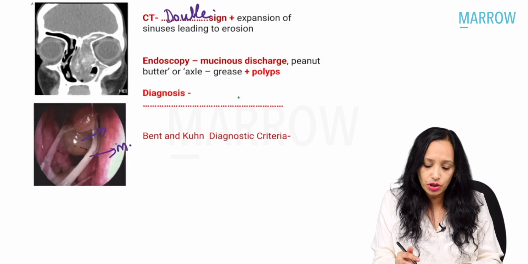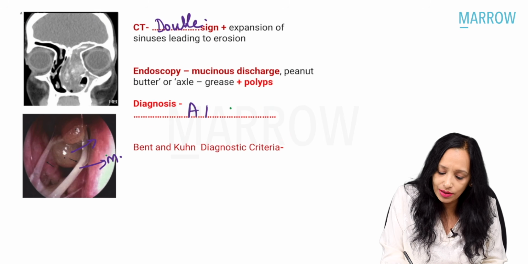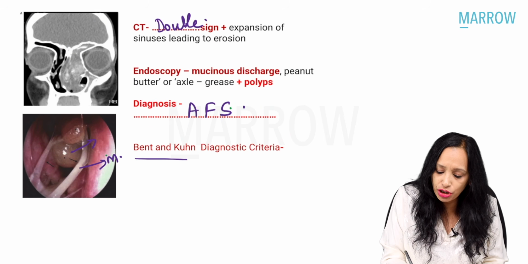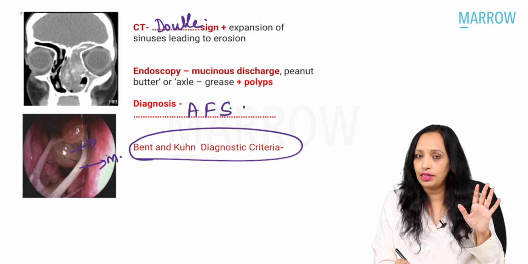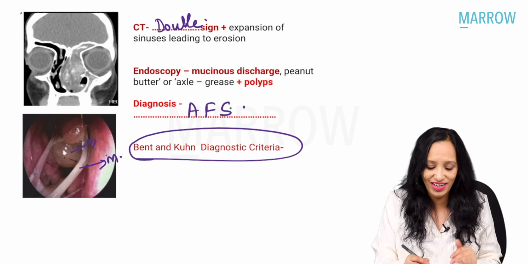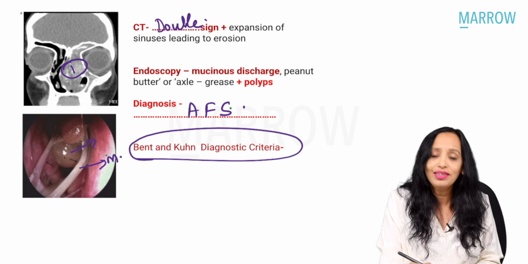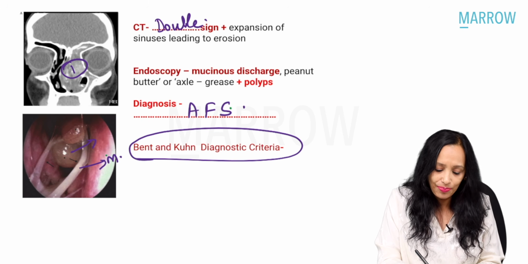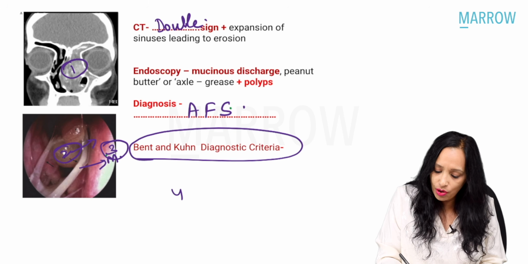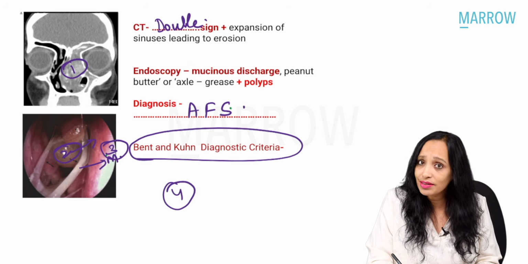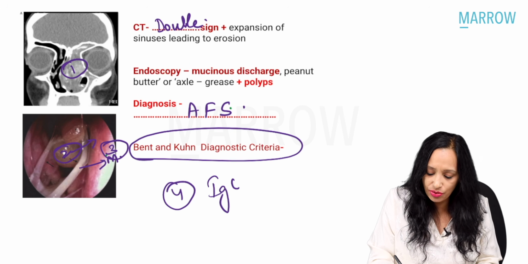So for the diagnosis of allergic fungal sinusitis, there are the major criteria of Bent and Kuhn. There are 5 major criteria, out of which we already have seen 3. One is the CT finding, double density. 2 is the nasal polyp. 3 is the mucinous secretion. 4 is, I told you this is an allergic patient, so IgE levels raised.